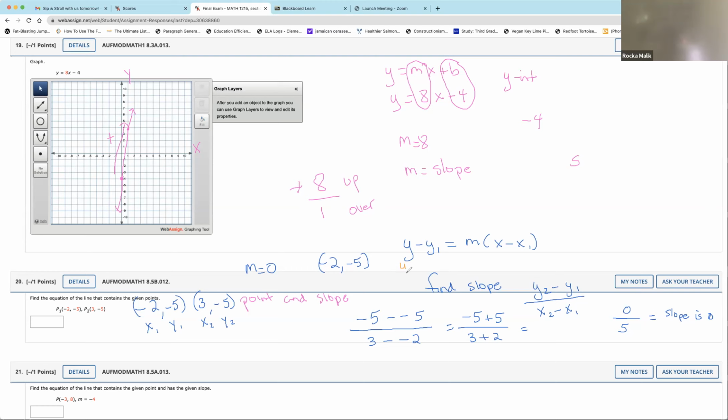I need to keep my y for the equation. This is y1, and this is x1. Y minus y1, y minus negative 5 equals m, my slope, 0 times x minus negative 2.